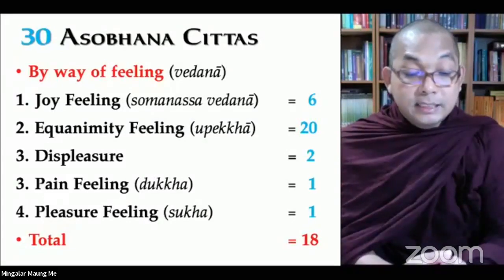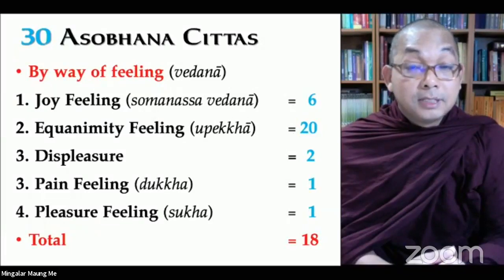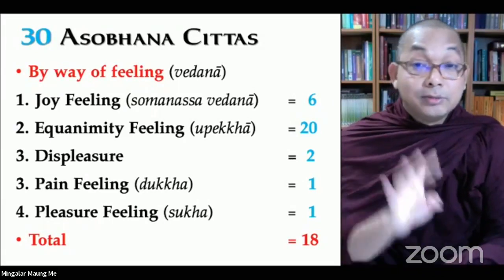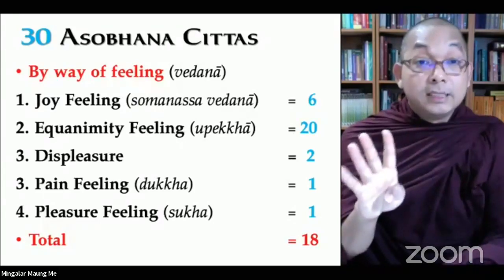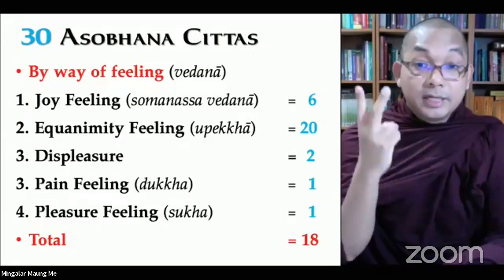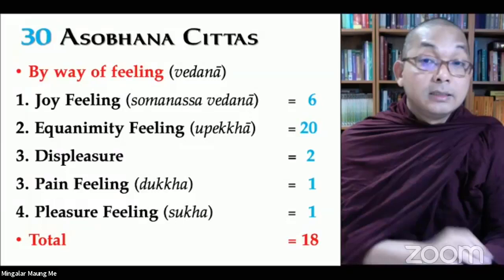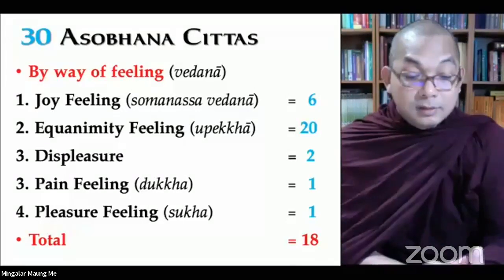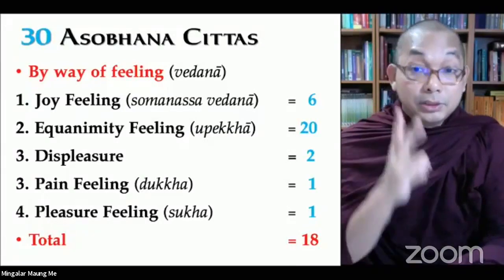So we have 20 equanimity feelings. In the akusala chitta, we have 6 equanimity feelings and 14 in ahetuka chittas, altogether 20. In akusala chitta, we have 4 equanimity feelings in the lobha mula chitta. We have another 2 in moha mula chitta. And displeasure feeling is only 2.